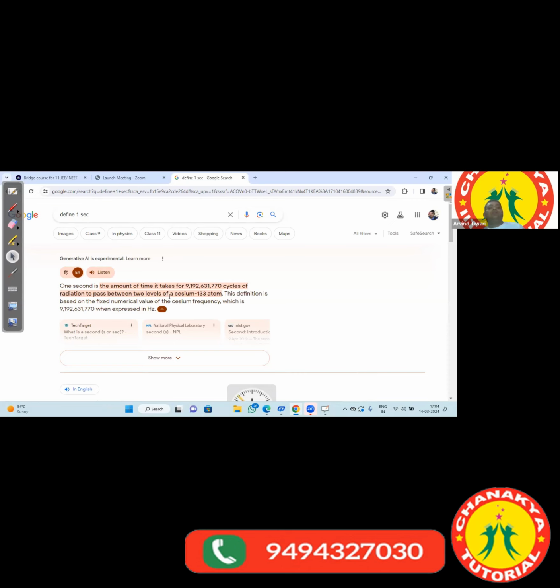So this is the most appropriate clock which is being used. Got it? So this is the definition of 1 second.